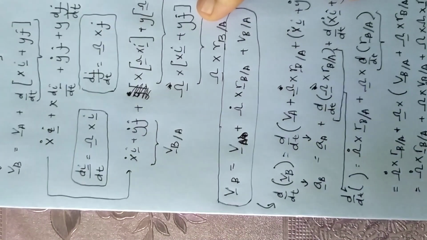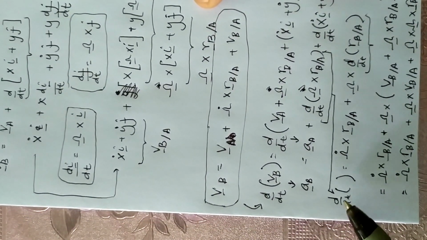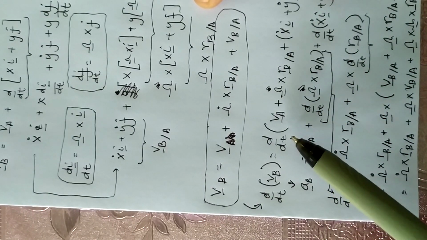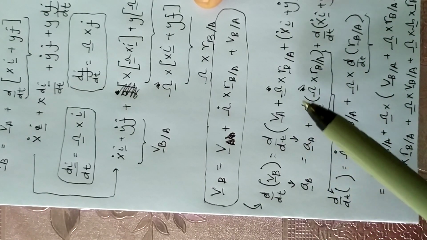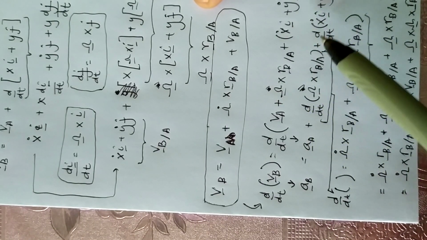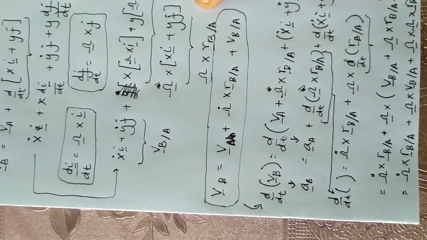So we have just finished completing the first part of the differentiation, d over dt of omega cross position vector of B relative to A. Now we need to complete this part, d over dt of xi plus yj.